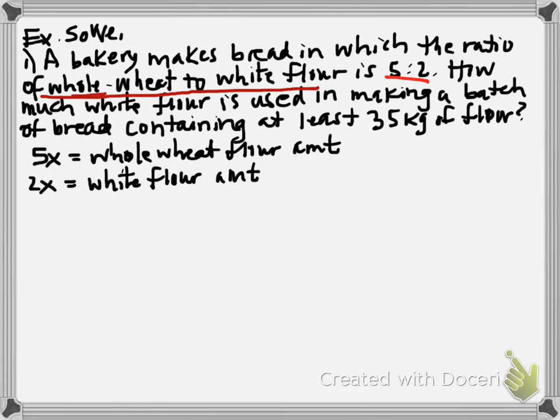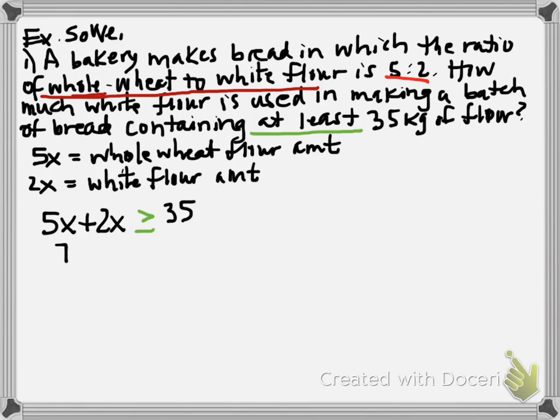And coming up with our equation, we've got the 5x plus the 2x because we got to mix the two, and then we look for the word that tells us our operation. And in this case, it doesn't say is, which is our equals. It says the flour is used in making a batch of bread containing at least. So at least means it could equal that number 35 or it could be more. So at least translates to greater than or equal to. And then we have 35.